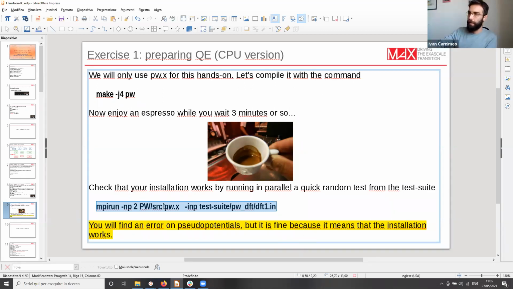This is the executable you have just compiled, you have just built, and you will find the executable in PW/src/pw.x. If you try that, you will find an error message from the pseudo potentials, which is fine because it means that PW is working.